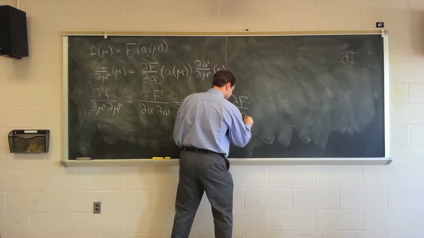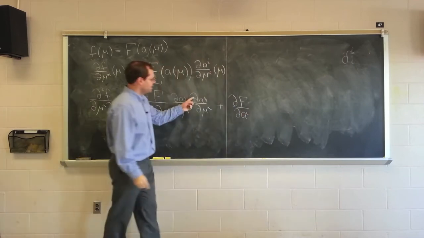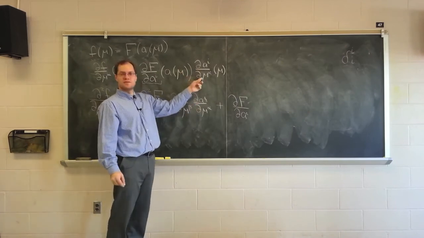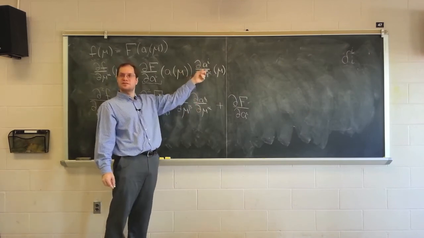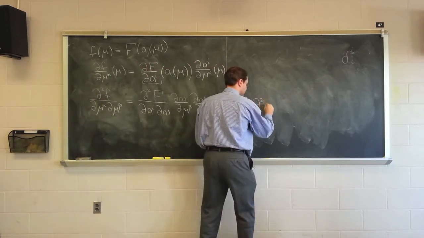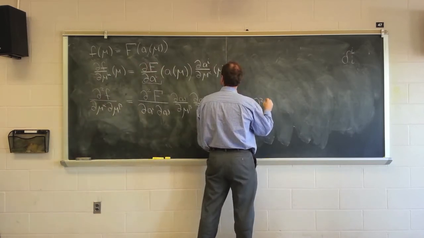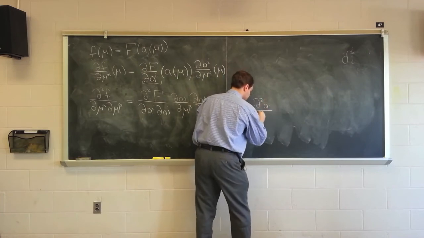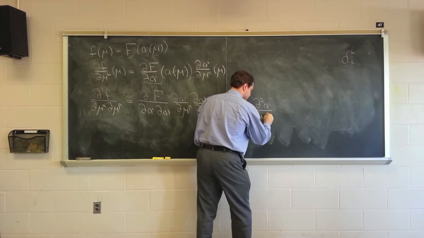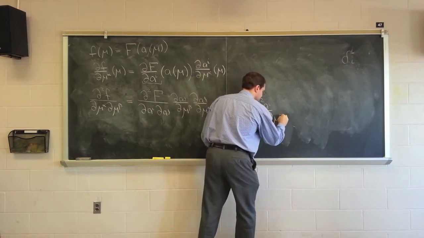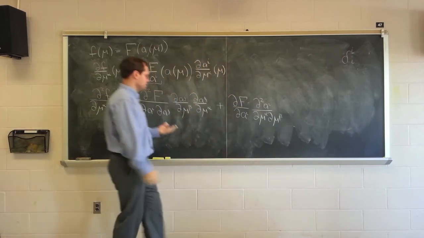Homework. dAi. And now I have to take the derivative of this with respect to mu beta. Well, that's just the second derivative. d2Ai d mu alpha d mu beta. There you go, done.